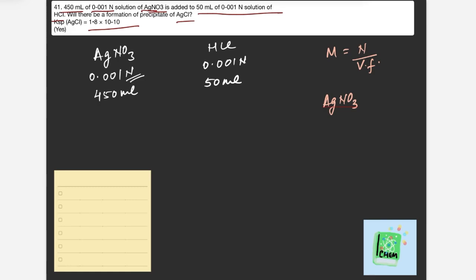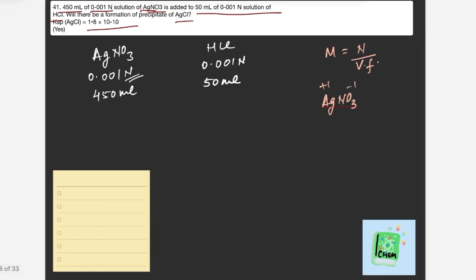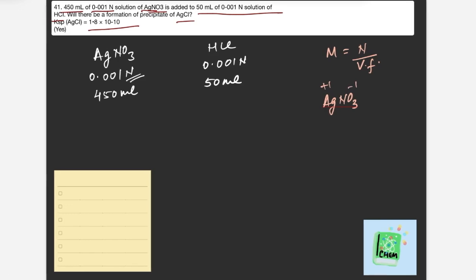Here the charge on cation is +1 and the charge on anion is -1, so you can consider any of these. So valency factor of AgNO3 will be 1. The molarity of AgNO3 solution will be normality divided by 1, which means molarity is same as normality. So the molarity is 0.001 M.